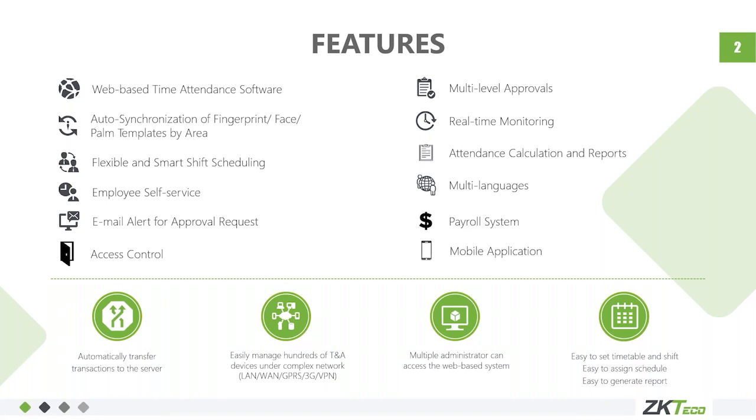For example, a manual punch that he forgot to make, or a request for paid leave. Maybe the employees are allowed a certain amount of paid days. Then an employee can use the web portal of BioTime 8 to request this.